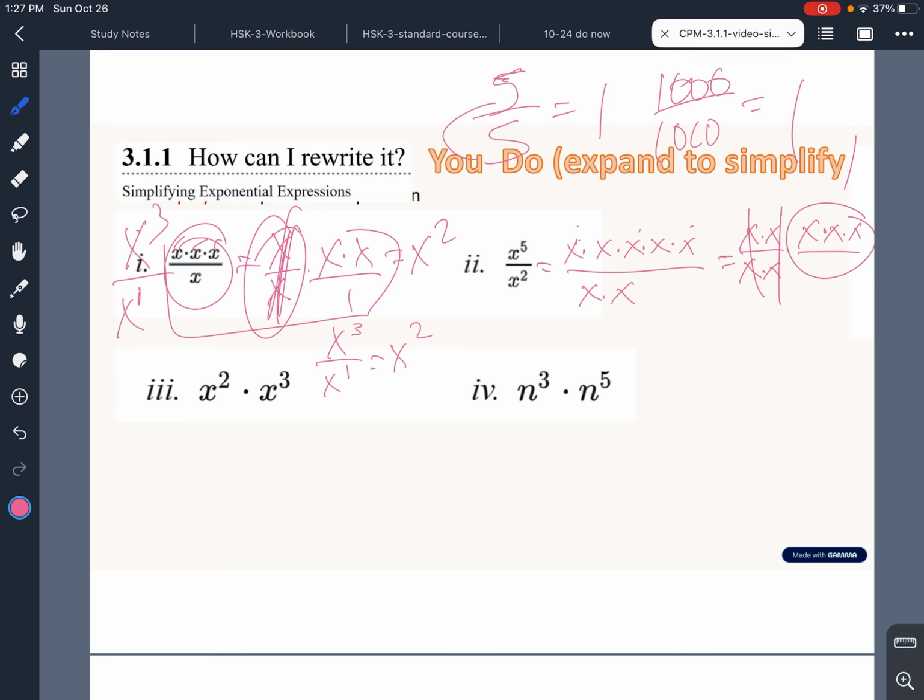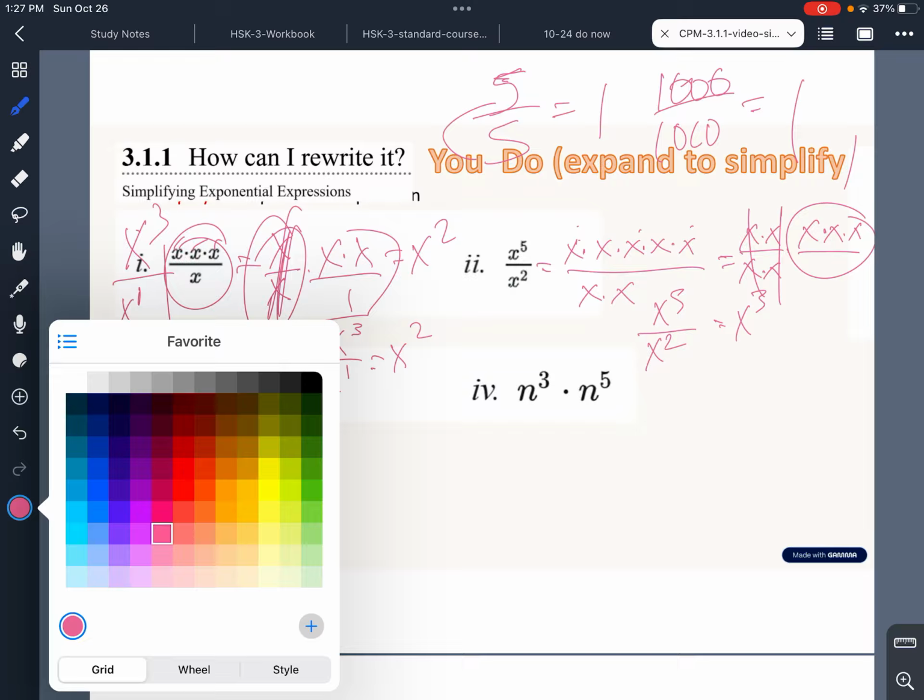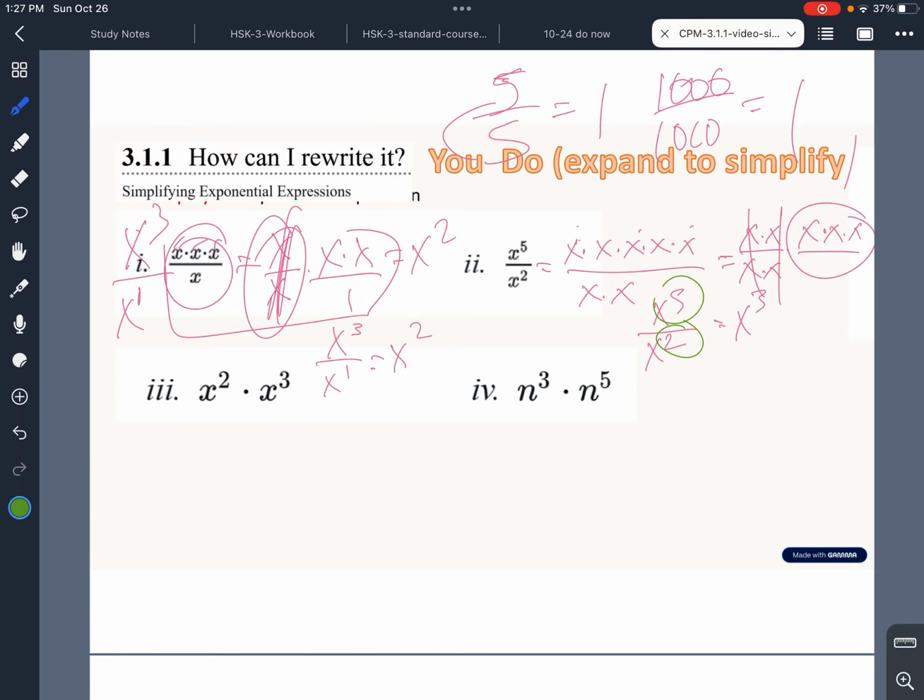All I have left is x times x times x, which we know is x to the power of 3. So x to the power of 5 divided by x to the power of 2 is x to the power of 3. x to the power of 3 divided by x to the power of 1 is x to the power of 2. So we should start seeing a pattern for division.